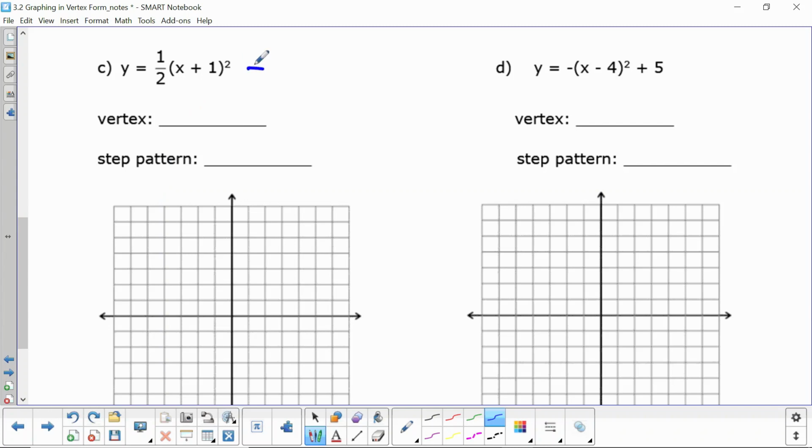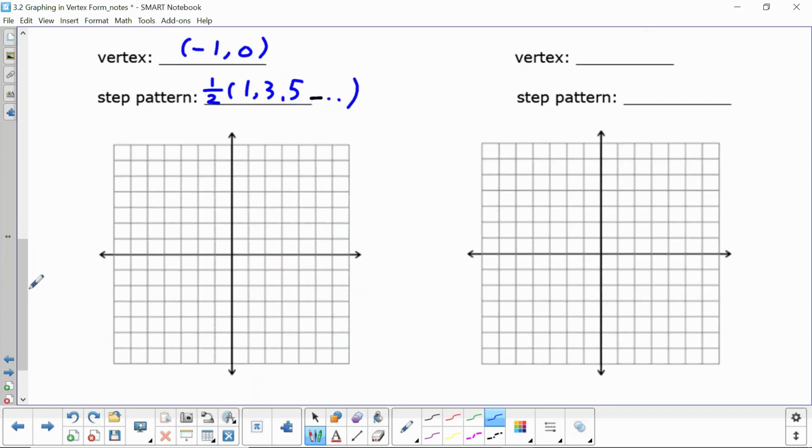So this is for these two, then continue, we are going to take up the next one. No q means it's 0, so the vertex is (-1, 0). And the step pattern is 1/2 times 1, 3, 5. Then we are going to find the point: label it first, scale, go by 1. So (-1, 0).